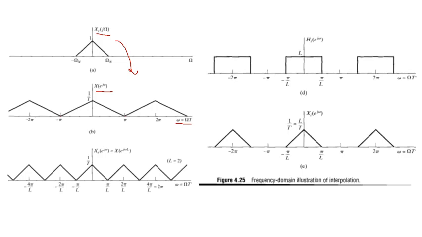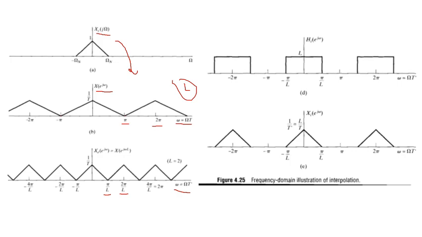So expanding means that we have to shrink this. Because we are expanding with a factor of L, this pi will now become pi by L. This 2 pi will become 2 pi by L. So it's simple. Now our axis is omega equal to pi t. Just remember this thing, that whenever you are expanding, the spectrum will compress with a factor of L. So for compressing you have to divide, for expanding you have to multiply.